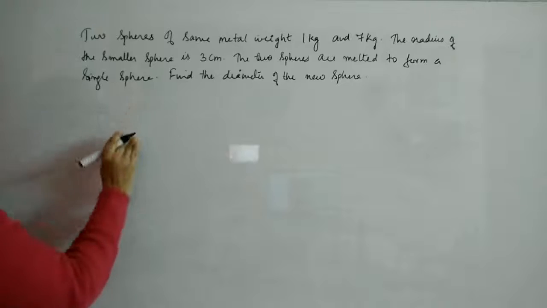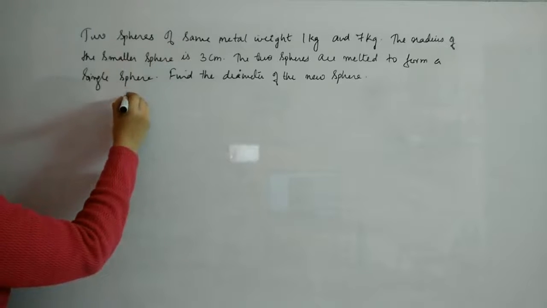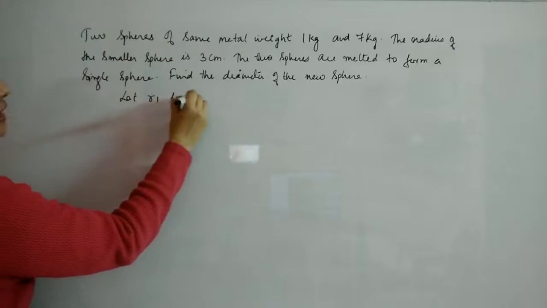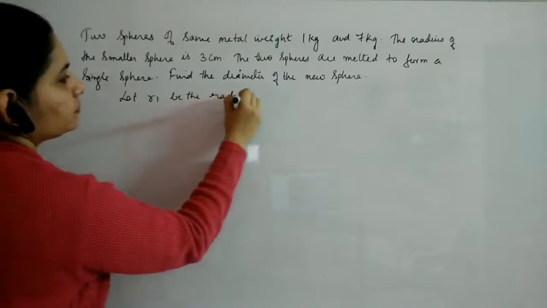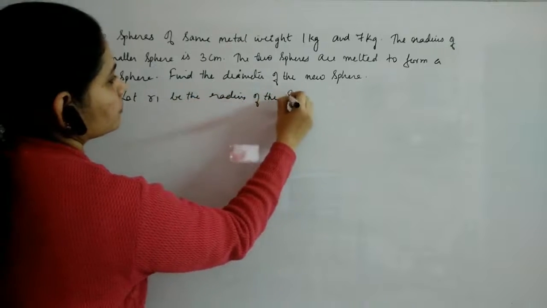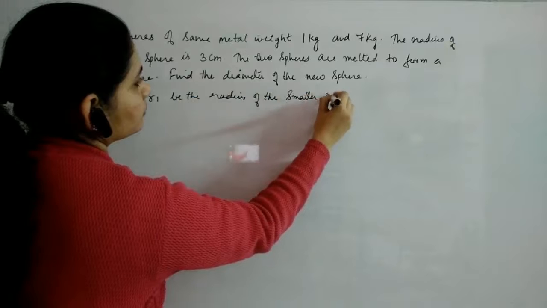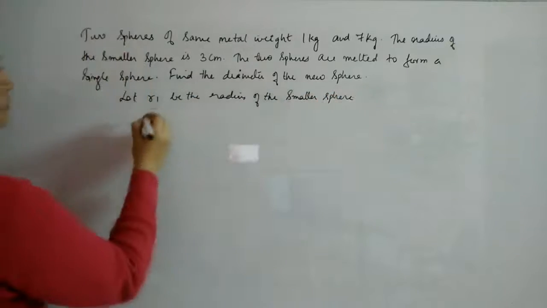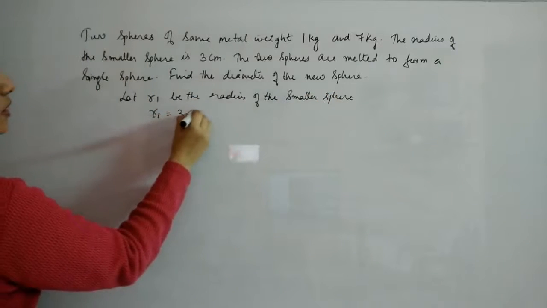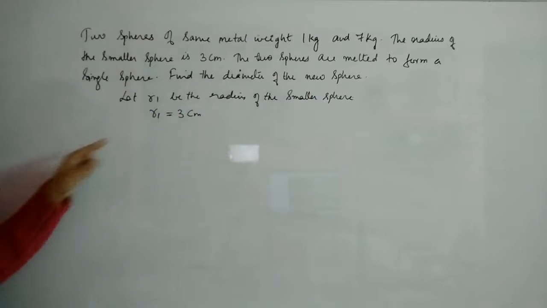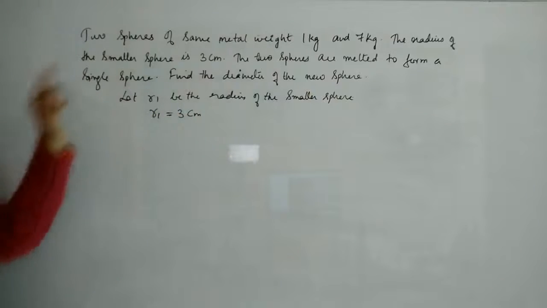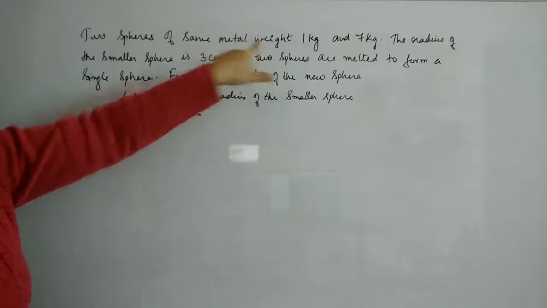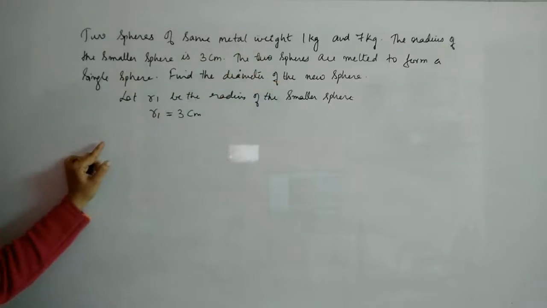For the smaller sphere, let R1 be the radius of the smaller sphere. Since weight is given, we need to calculate the volume also, right?